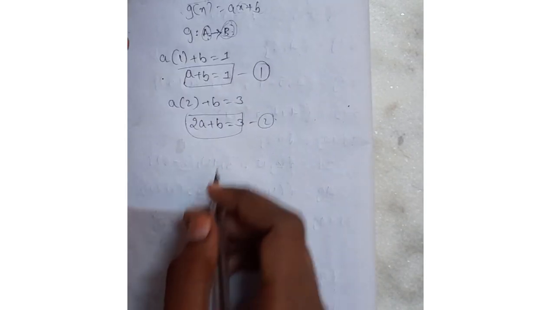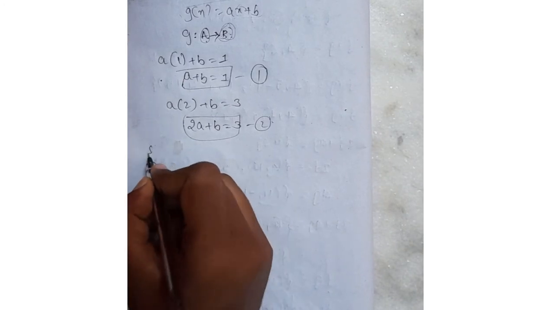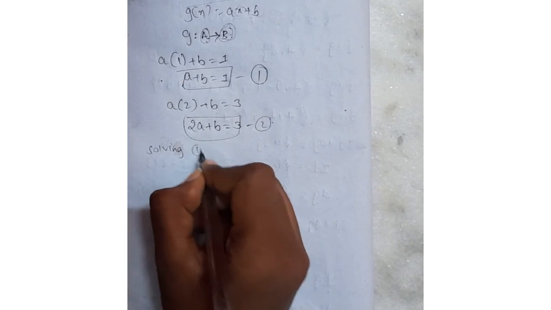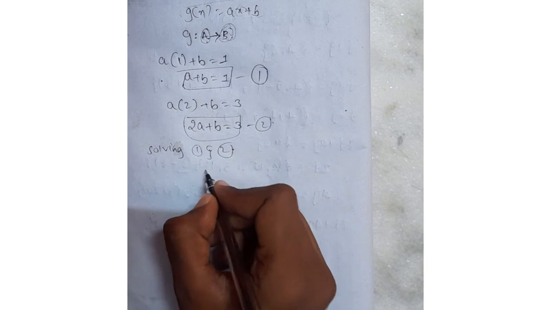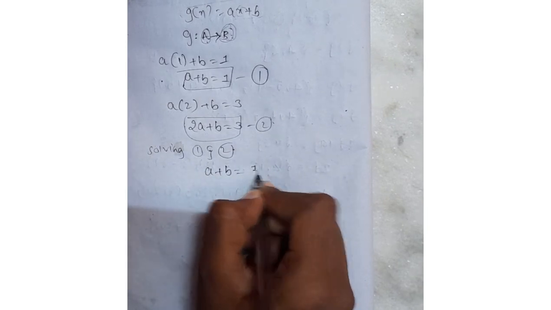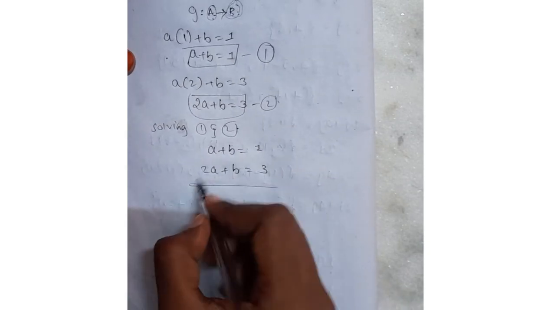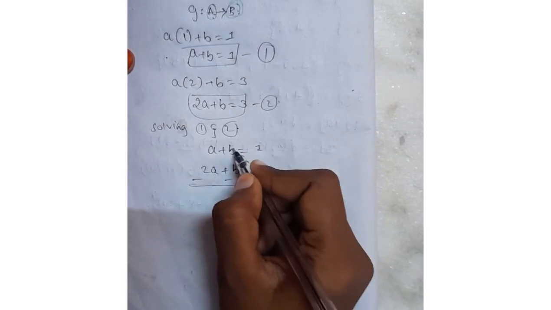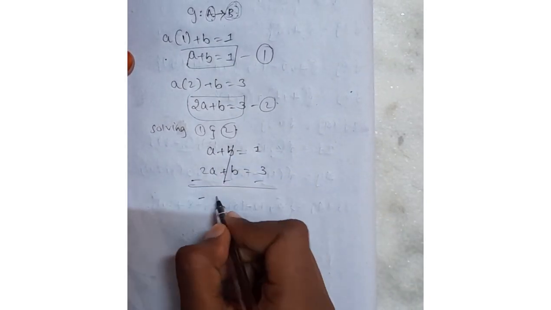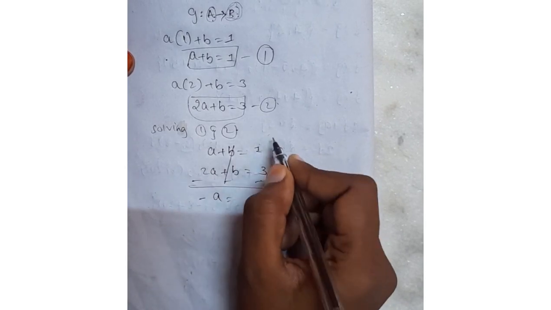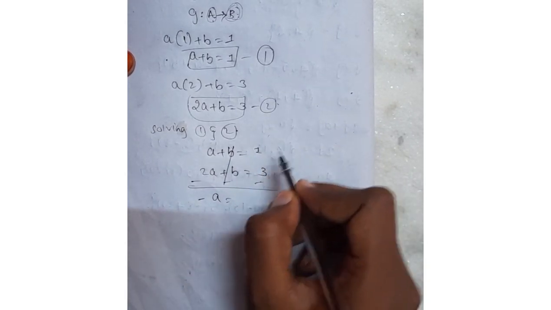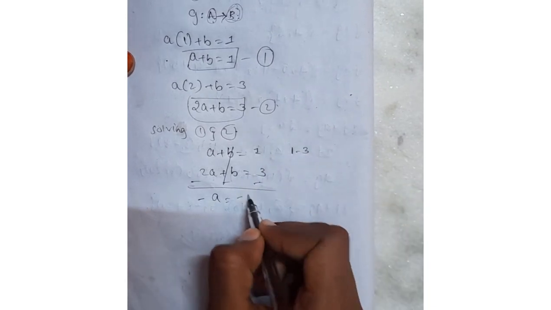Now solving 1 and 2: a plus b equals 1, 2a plus b equals 3. Subtracting both, changing the signs, cancelling b, and here minus a equals minus 3 plus 1, like 1 minus 3, so minus 2.